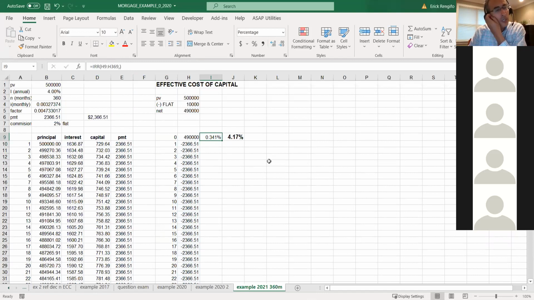Here we go. So my effective cost of capital, guys, is not 0.32, it's 0.34 monthly versus 4 versus 4.17. And this 2% is basically diluted over 360 months, so it's a lot. Make sense to you guys? Do you understand?